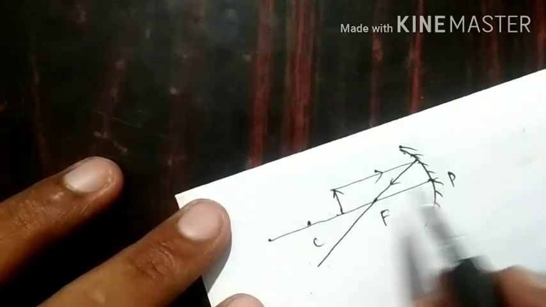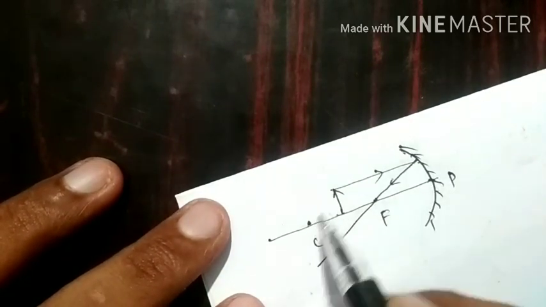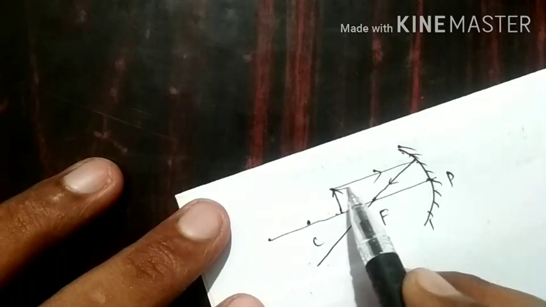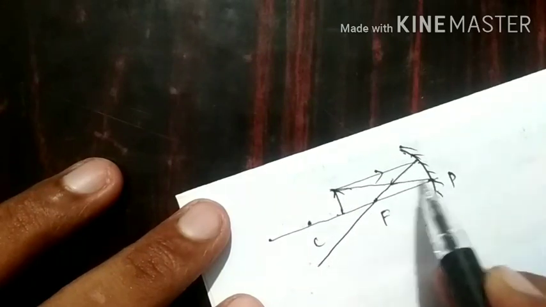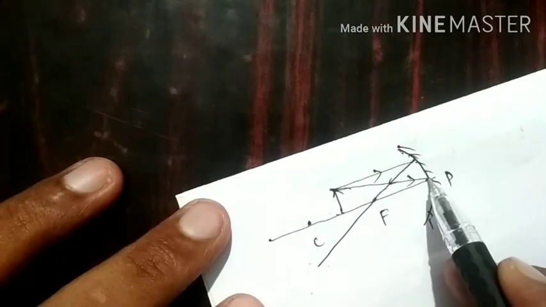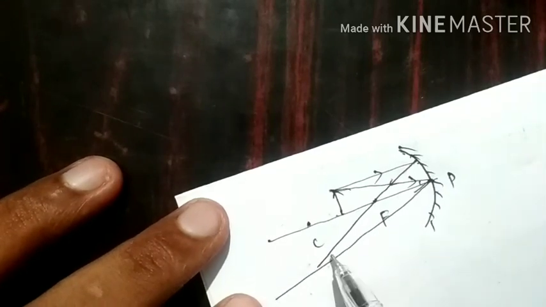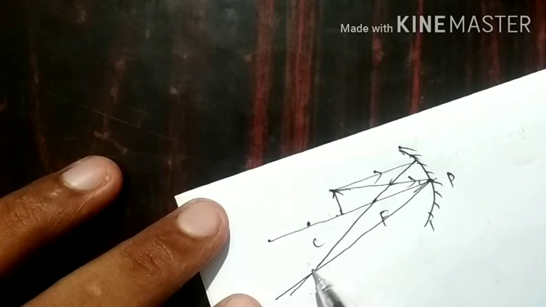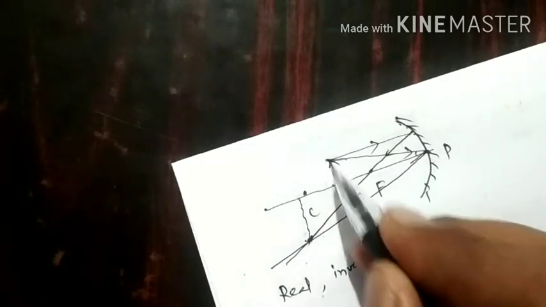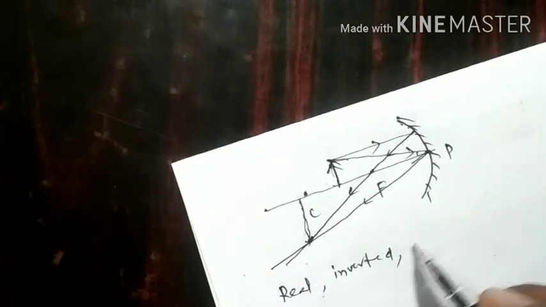And one more thing, you consider oblique incidence. So the angle of incidence and angle of reflection are the same. So almost okay. So this is beyond C. So real, inverted, enlarged. If you observe the size of the image and the size of the object, this is the size of the image, you consider.